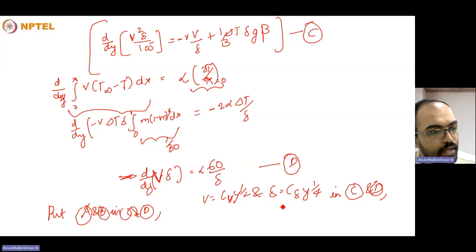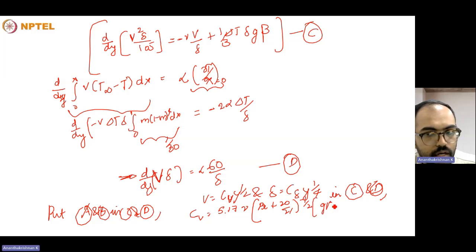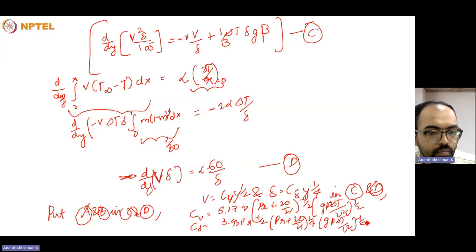Then, doing a bit of mathematical manipulation, what we obtain is C_V equal to 5.17, which is a bit complicated in terms of the Prandtl number, where the Prandtl number is mu by alpha: (Prandtl number plus 20 by 21), the whole power minus 1 by 2, into (g beta delta T divided by mu squared) raised to 1 by 2. And C_delta is equal to 3.93 Prandtl number raised to minus 1 by 2, (Prandtl number plus 20 by 21) raised to 1 by 4, and (g beta delta T divided by mu squared) raised to minus 1 by 4.